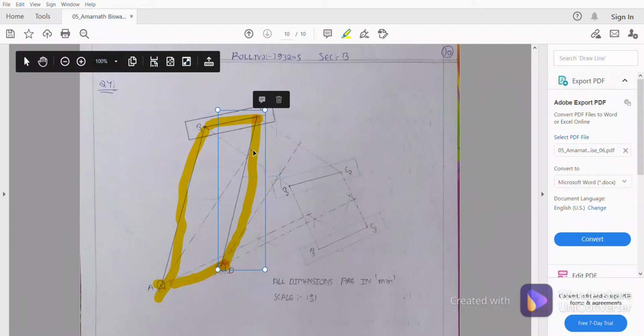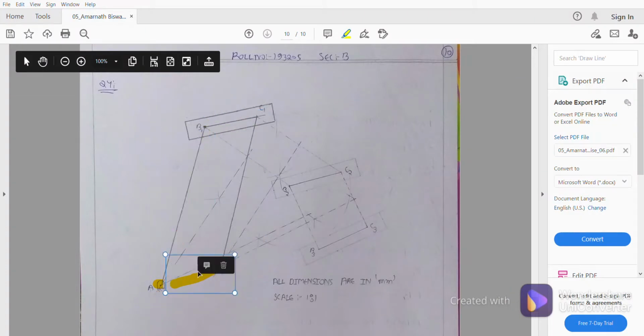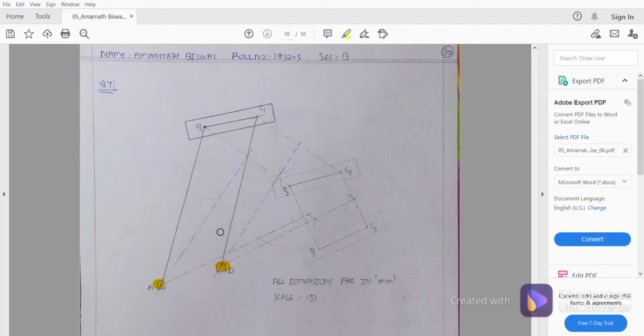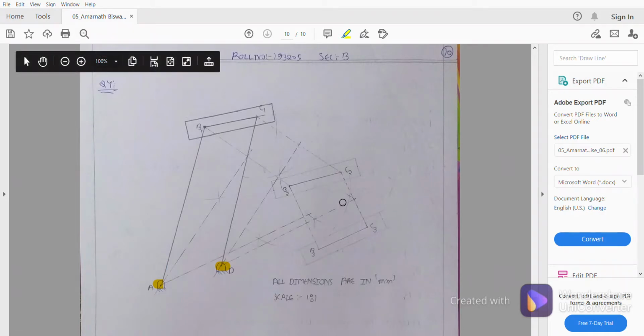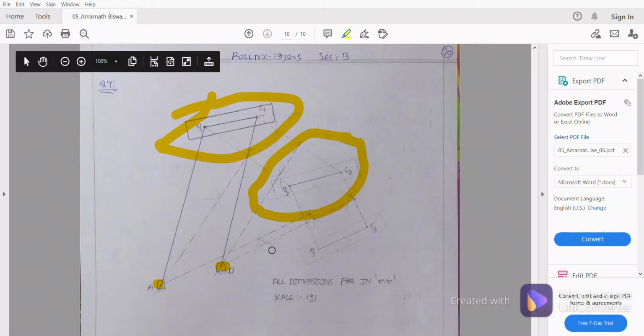Okay. So I have taken the desired position like this, and I got this mechanism.